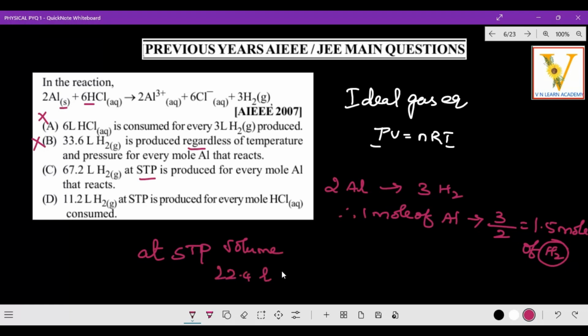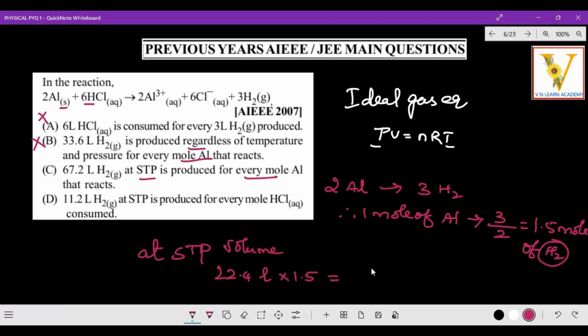So 22.4 liter into 1.5 moles of H2, according to Avogadro's law, volume is equivalent to the stoichiometric coefficient. For every mole, I just bring that answer: 22.4 liter into 1.5 moles of hydrogen gas.